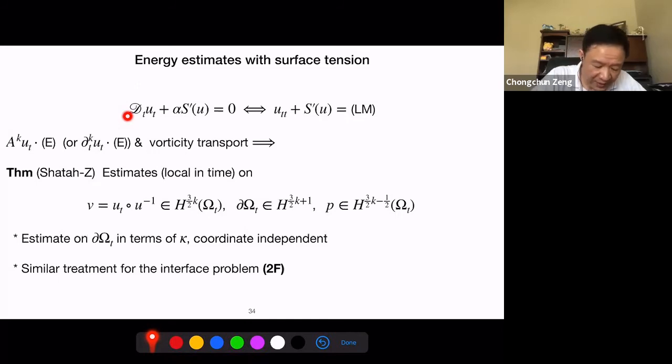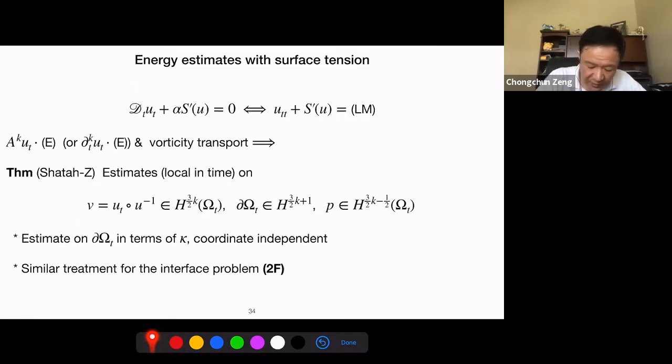But remember that this operator A only controls the irrotational part of the velocity field. It cannot control the rotational part. So the rotational part is controlled by the vorticity transport. So you need to use the transport property of the vorticity to control the rotational part, and combine them together, you get a closed energy estimate local in time.